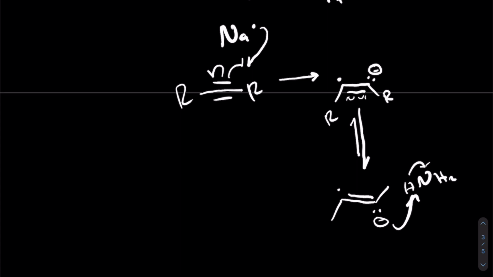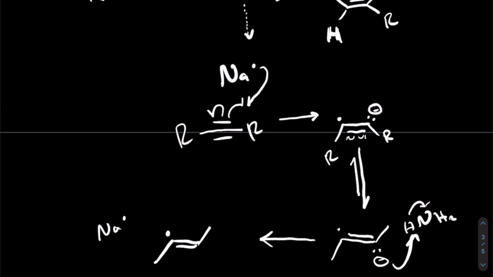That at least satisfies the negative charge, but you still have this really reactive radical right here. You have another sodium radical, and sodium doesn't want to be a radical. Sodium doesn't even want to be negatively charged. Sodium is always looking to give up its electron.